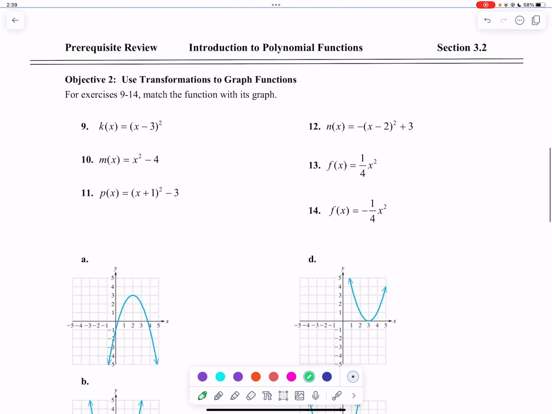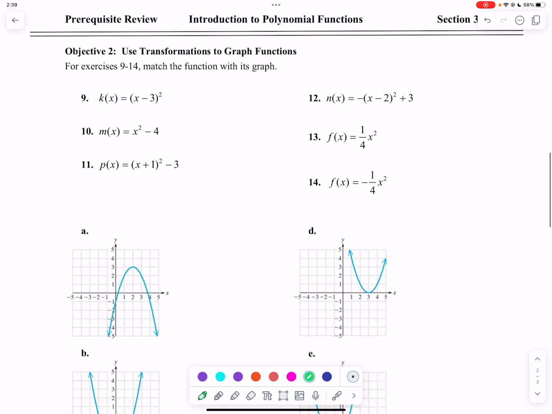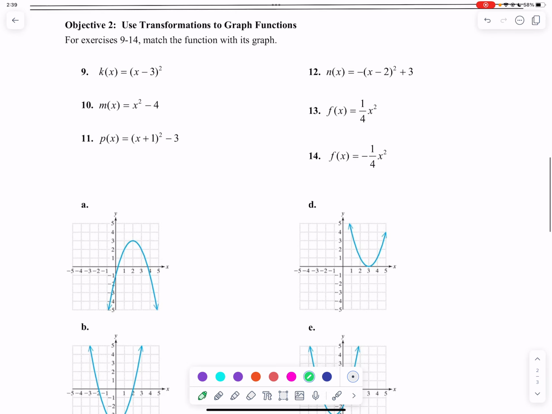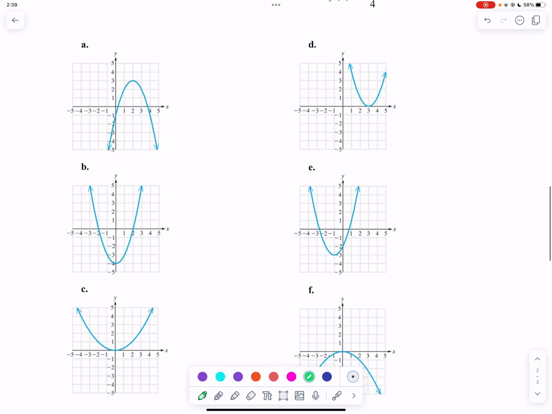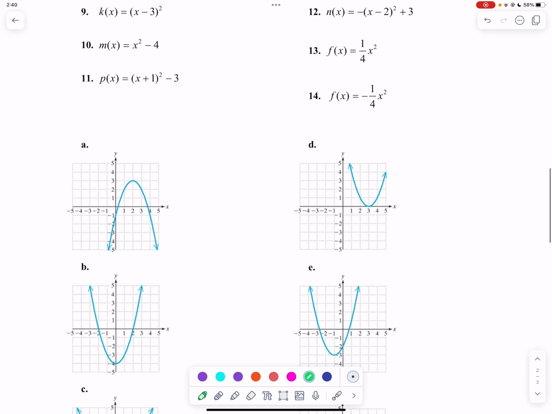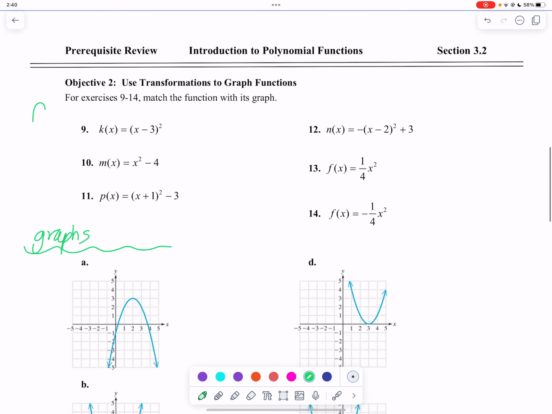Okay, now we're going to look at the transformation of graphs, and this should be pretty fast. We're going to be matching. Here are our graphs, and here are our functions, and we're going to be matching those. So let's make a few notes. The first thing you should notice is number 9. Keep in mind that this is a 0.